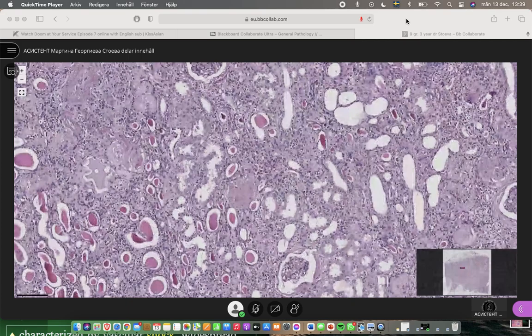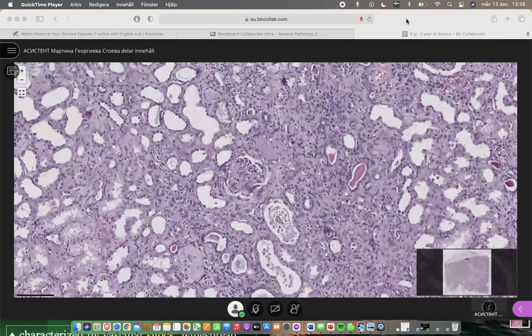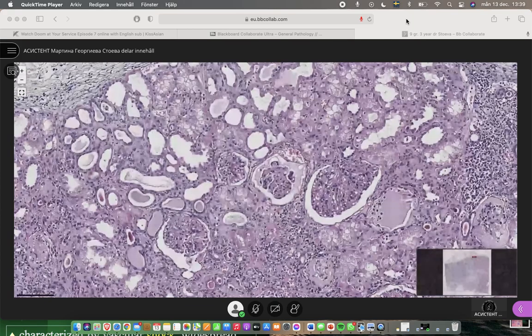If the cause was diabetes mellitus, then both arterioles would be affected by hyalinization. But in both diseases, the process is bilateral because these are generalized diseases affecting both kidneys.